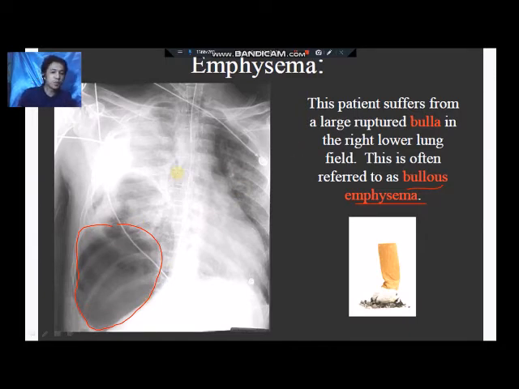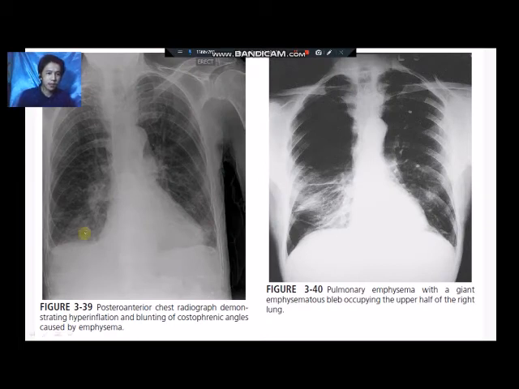The alveoli and bronchi have ruptured, so air passes into the empty spaces within the lung tissues. It is not in the pleural space; it is in the empty spaces within the lung fields. That means it is still inside the visceral pleura, not outside it. As you can observe, it is flattened, as mentioned earlier, with a flattened diaphragm and flattened base of the lung fields.